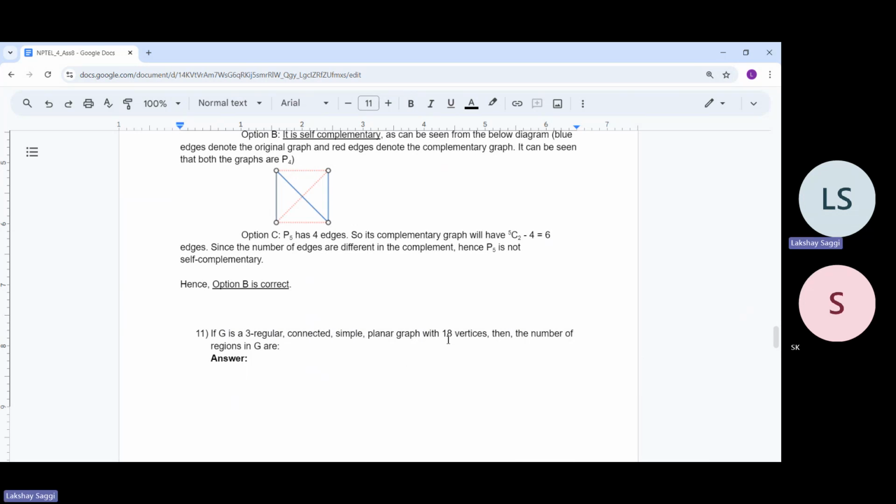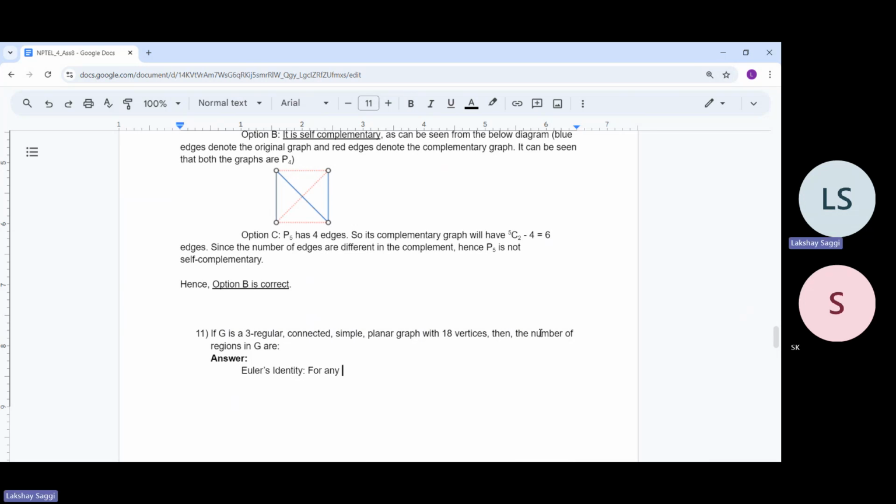Generally, in planar graphs, if you want to find the number of edges or regions when we are given some other variables, the go-to formula is Euler's identity. So what does Euler's identity say?